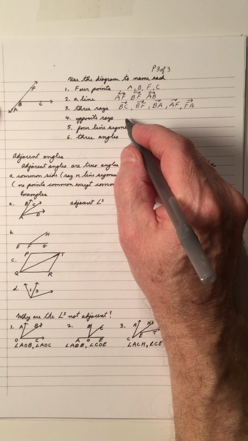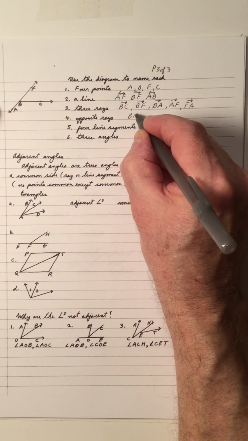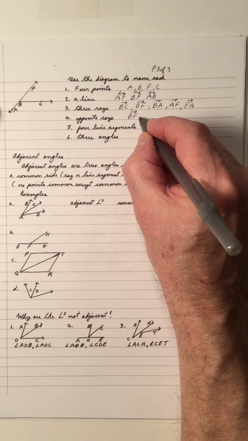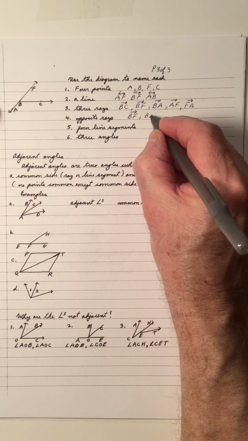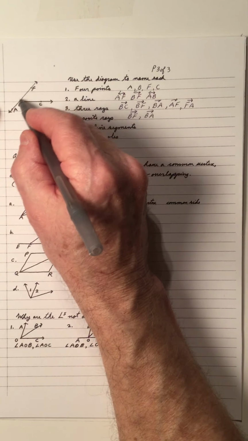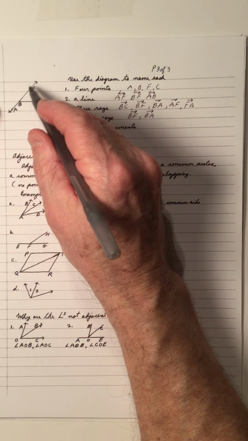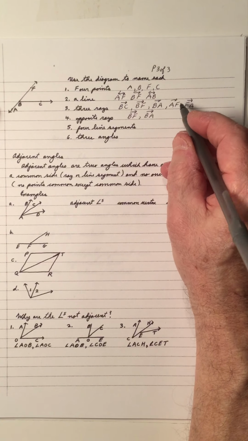Opposite rays are rays with the same endpoint. So the only opposite rays are BF and BA. Notice B is an endpoint. Notice that BF and BA joined together will give you a line.